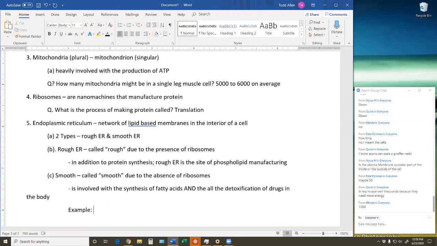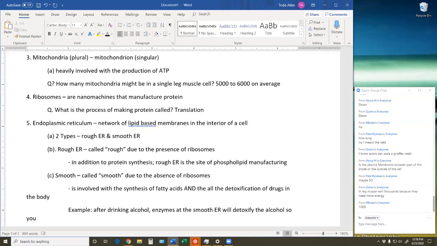And the reason you sober up is because there are enzymes in the smooth endoplasmic reticulum that actually chemically modify the alcohol that you have consumed so you don't remain tipsy anymore. After drinking alcohol, enzymes at the smooth ER will detoxify the alcohol so you sober up.